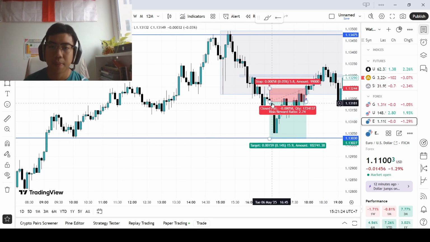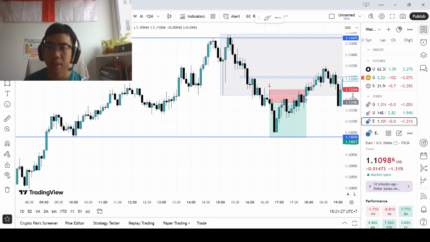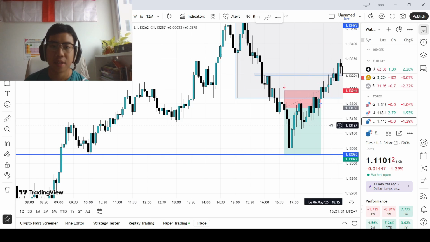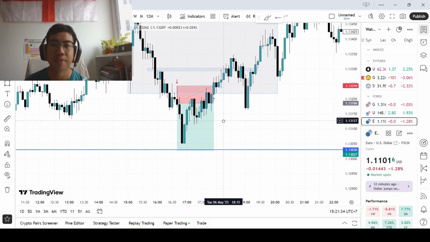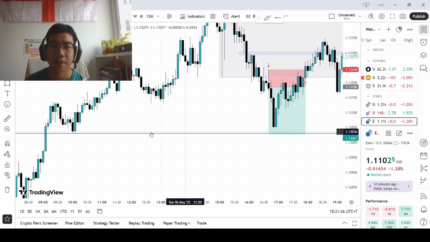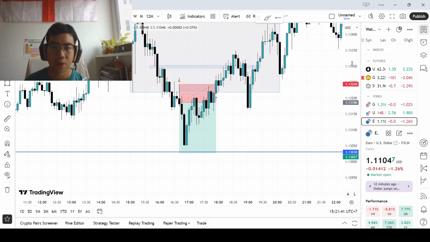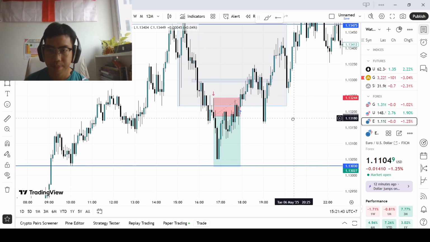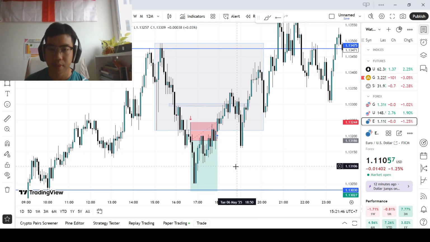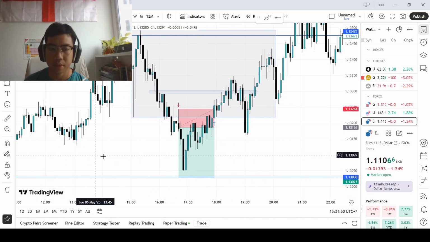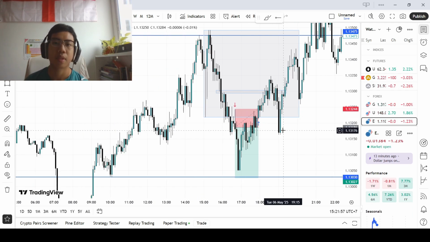So price, this is what baffles me. I do not understand why it didn't hit my points of liquidity that I marked right here, because it was showing strong bearish momentum, and yeah, closed.